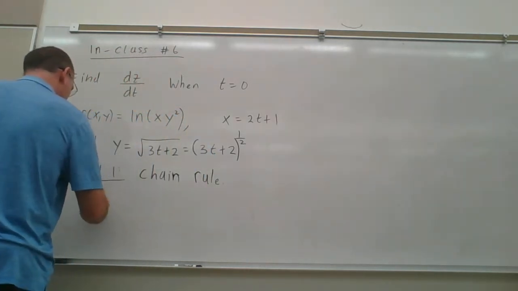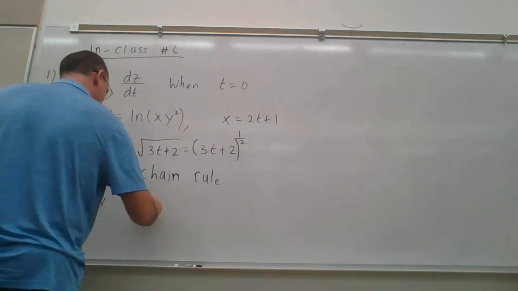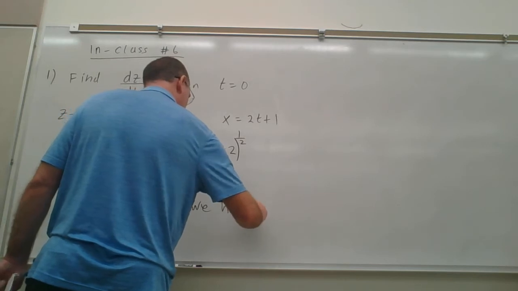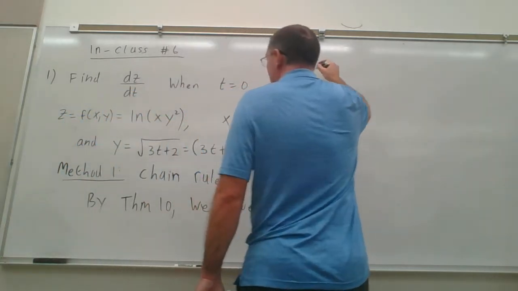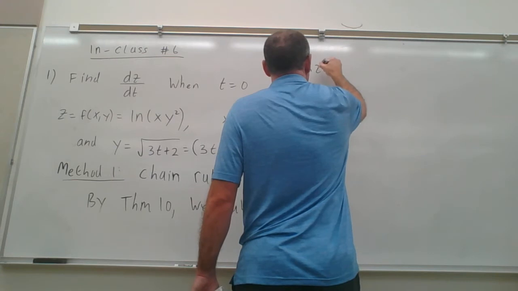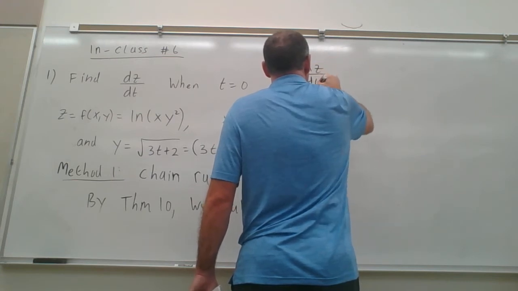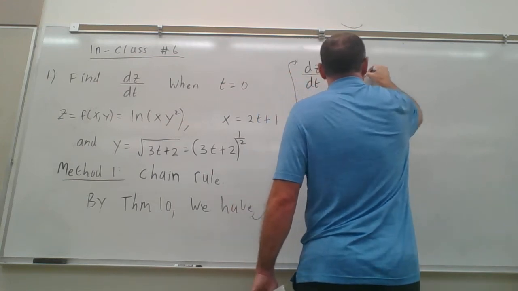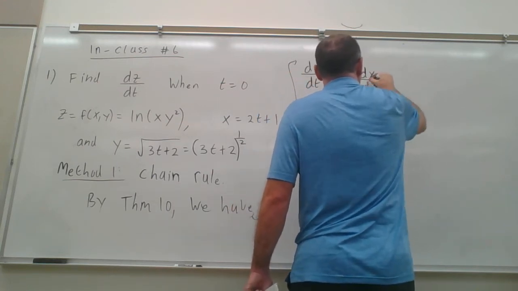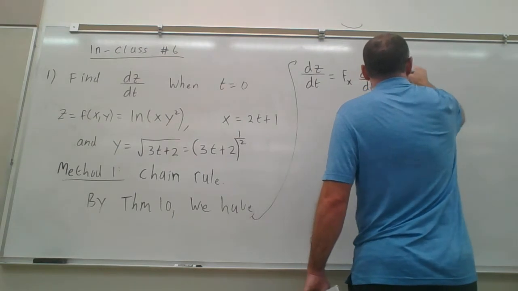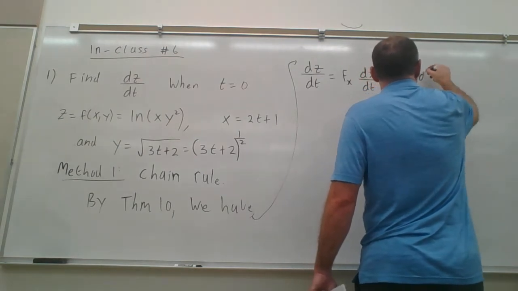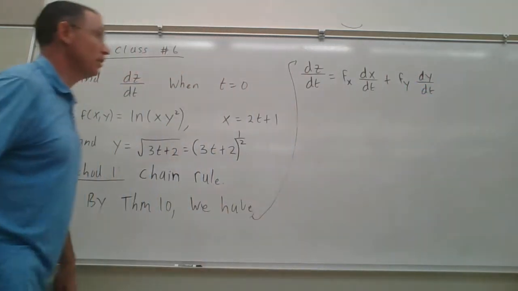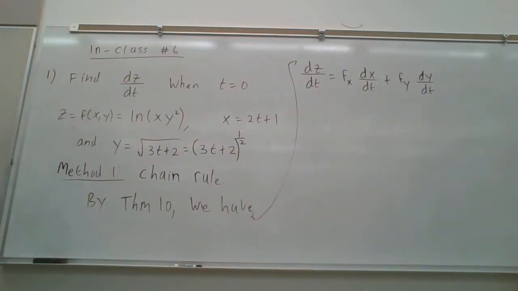So by theorem 10, we have that dz dt will equal partial derivative with respect to x times dx dt plus partial derivative with respect to y dy dt. That's theorem 10. So we can figure these things out.